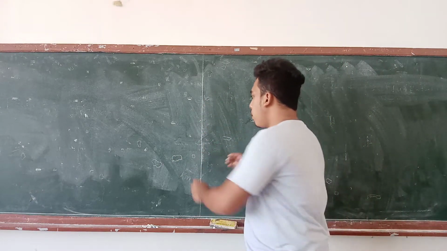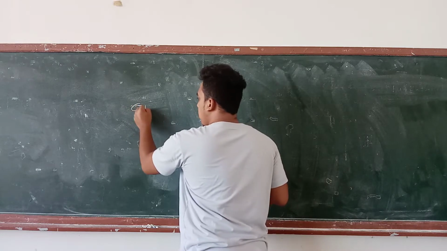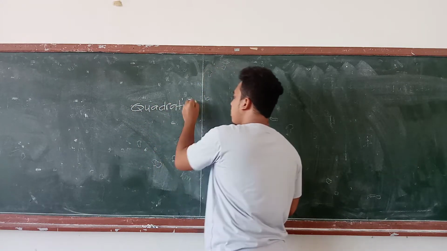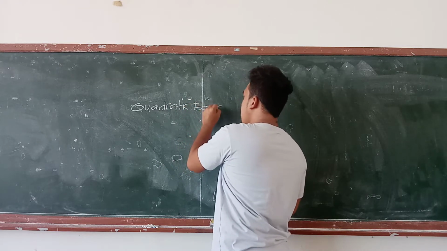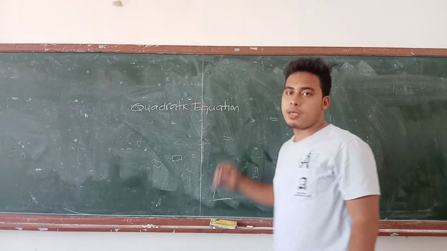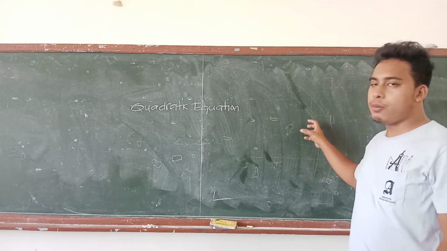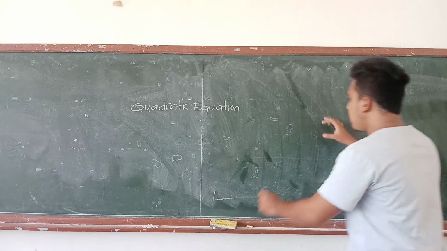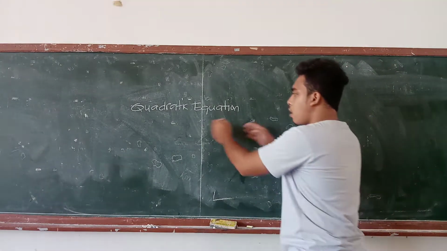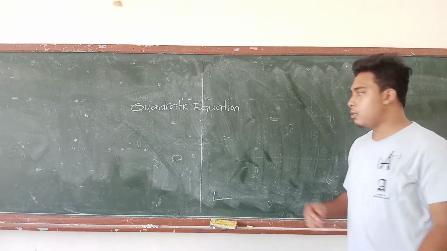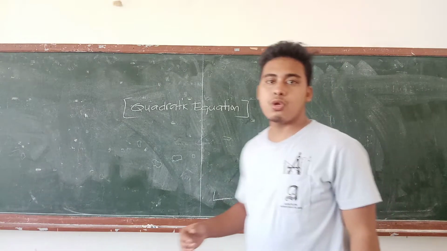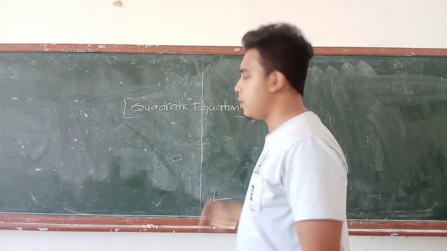The two main ways of solving a quadratic equation are factoring and completing the square. The quadratic formula is formulated because of completing the square.